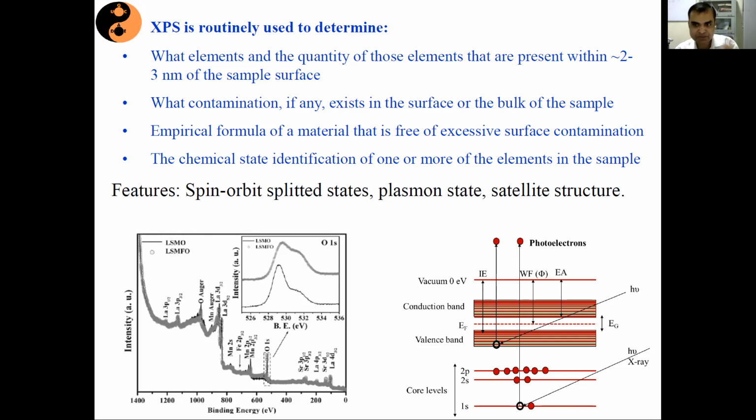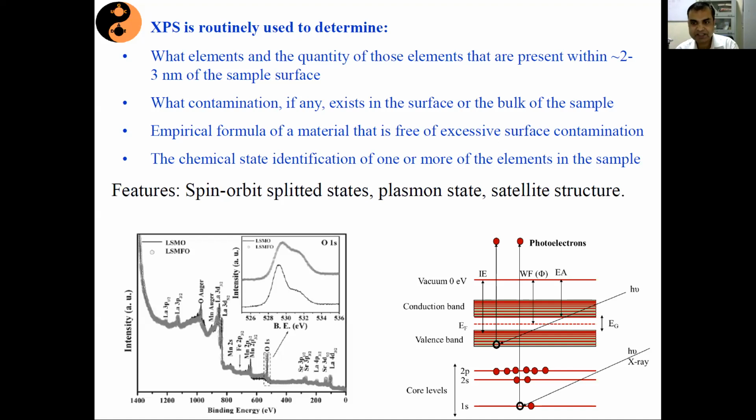Just by looking at the satellite structure, one can understand what kind of state a particular element can have, because this satellite structure arises from the interaction of the ejected photoelectron with the valence electrons, and because of its way of exchanging energy and losing kinetic energy, it creates an altogether different feature away from its original binding energy states.